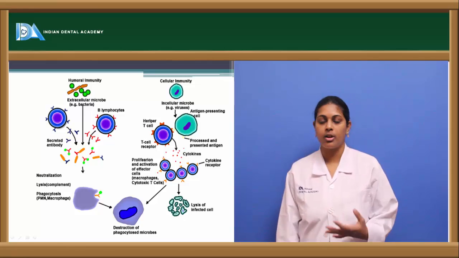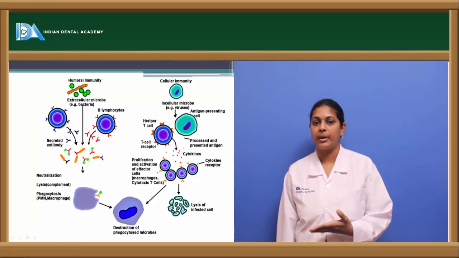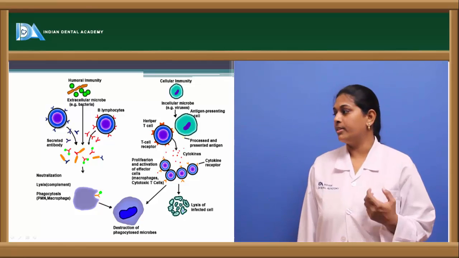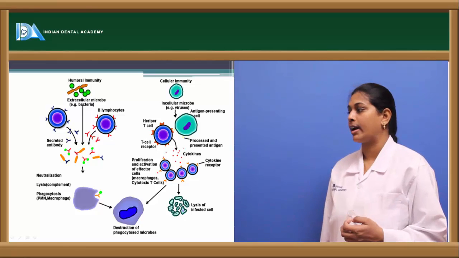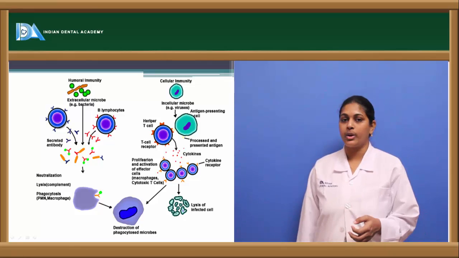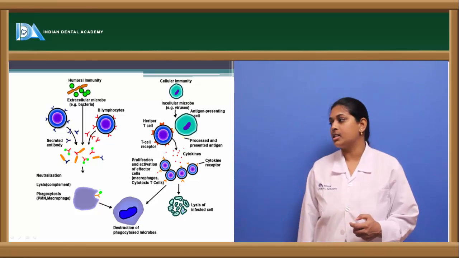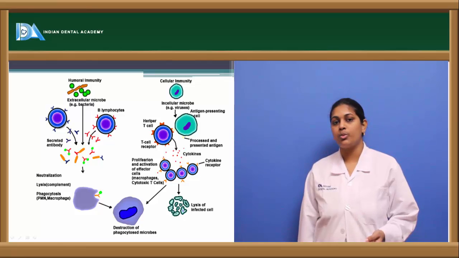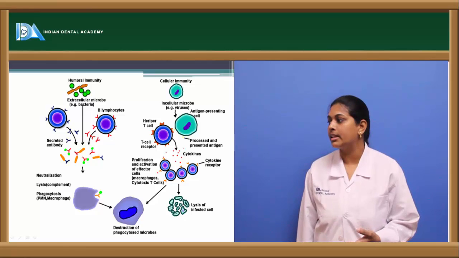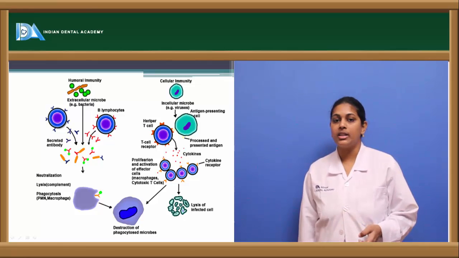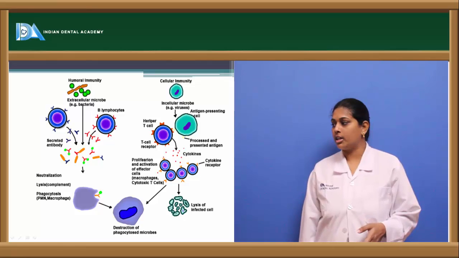Coming to what happens in humoral immunity, when there is an extracellular microbe, as we can see in the picture, say bacteria as an illustration, the B cells get activated. These B cells have specific receptors on their cell surface, and once activated, they differentiate into plasma cells and start secreting the antibody. These antibodies, once attached to a specific antigen, form the antigen antibody complexes.